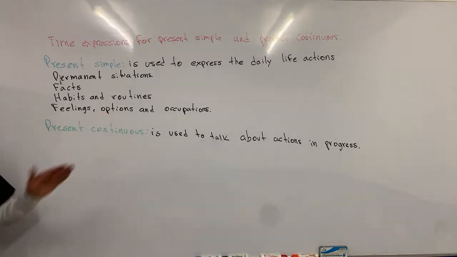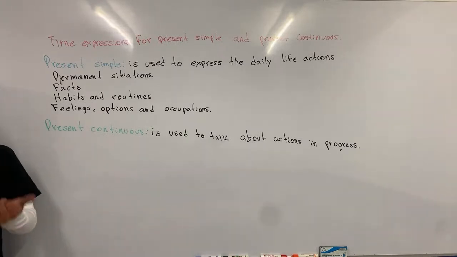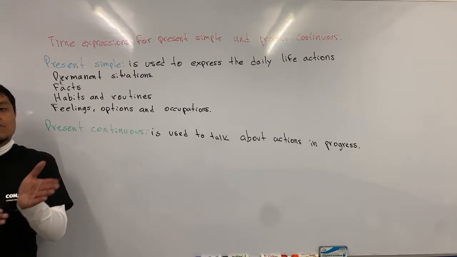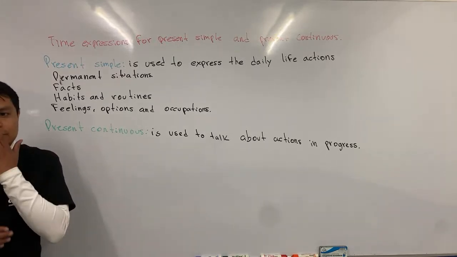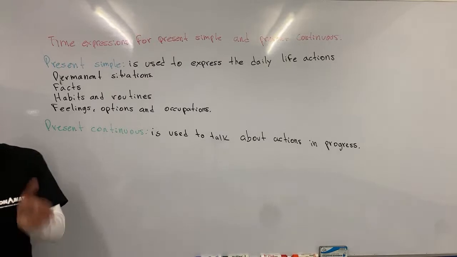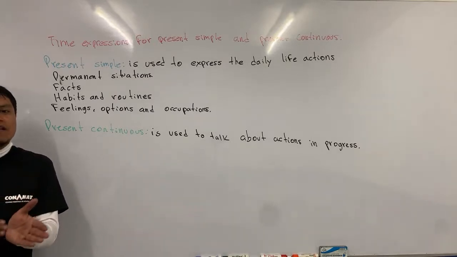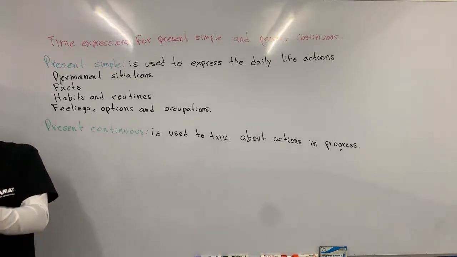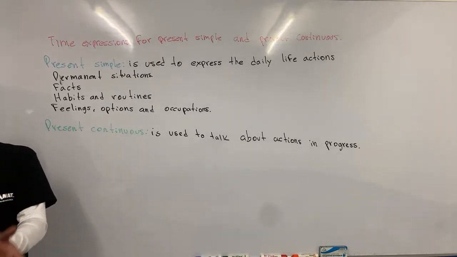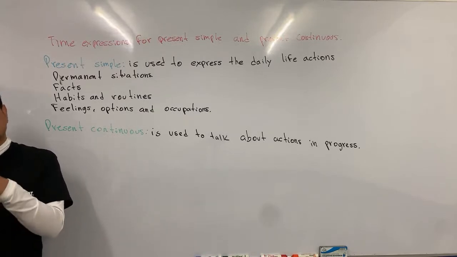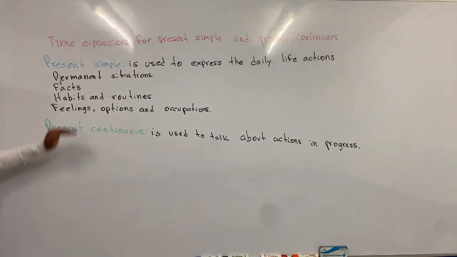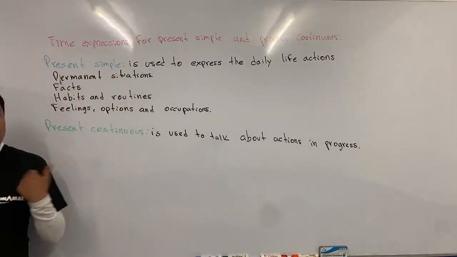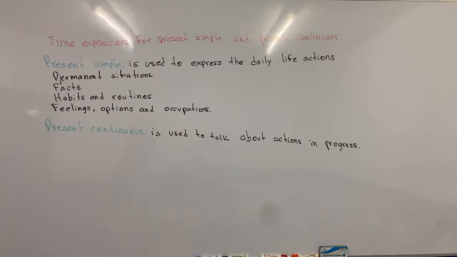Now, for feelings, opinions, and beliefs, right? This structure is used to express thoughts, feelings, and impressions. For example, Frida Kahlo's painting style is bizarre, right? Bizarre. This is for feelings, opinions, and beliefs.